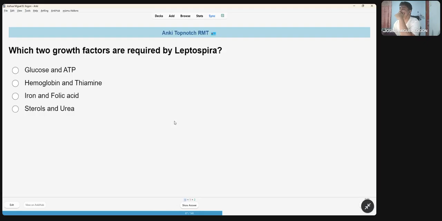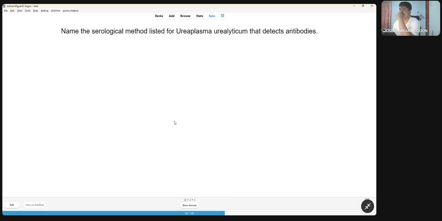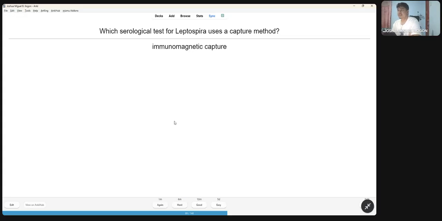RPR. Leptospira. Urea plasma urealyticum that detects antibodies. Capture method. Capture.